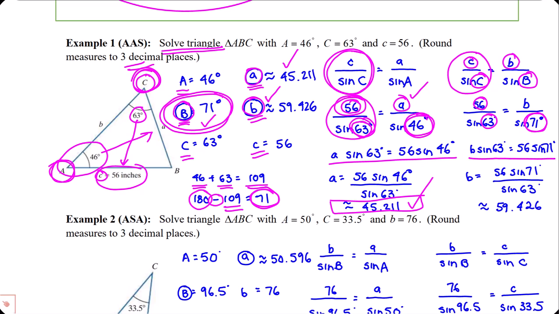So I cross multiply, get the B by itself by dividing, pop this into my calculator, and I get how long side B is. Since they gave us 3 pieces of information and I found 3, I have all 6. So I have solved the triangle.